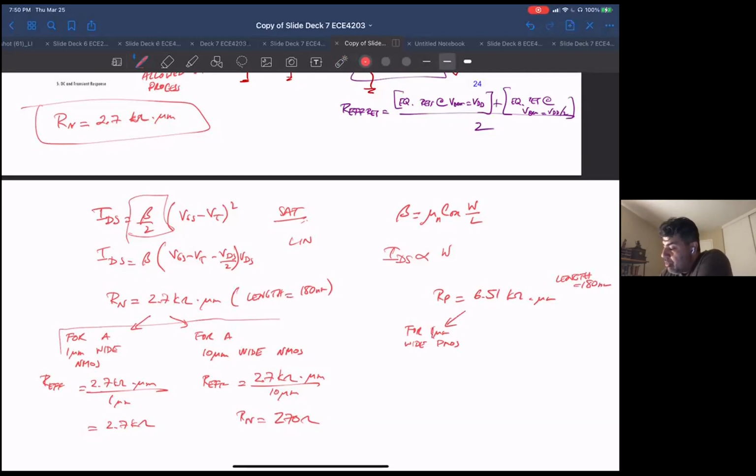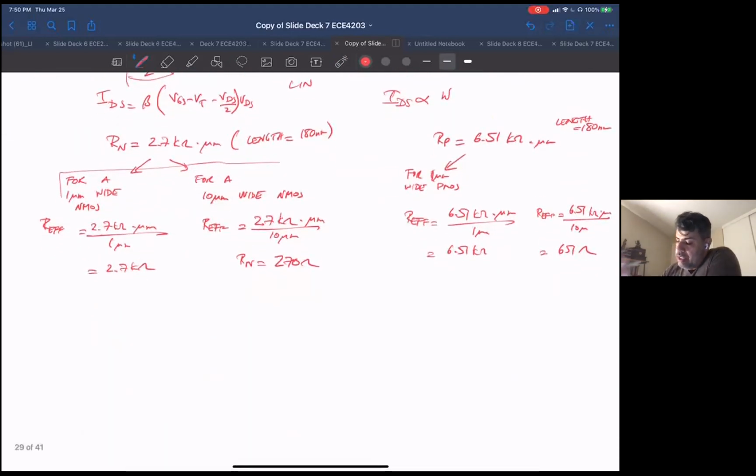So for 1 micron wide, R effective P ends up being 6.51 kilo ohm micron over 1 micron, or 6.5 kilo ohms, and R effective for a 10 micron P over 10 micron is 651 ohms. Okay, any questions there?